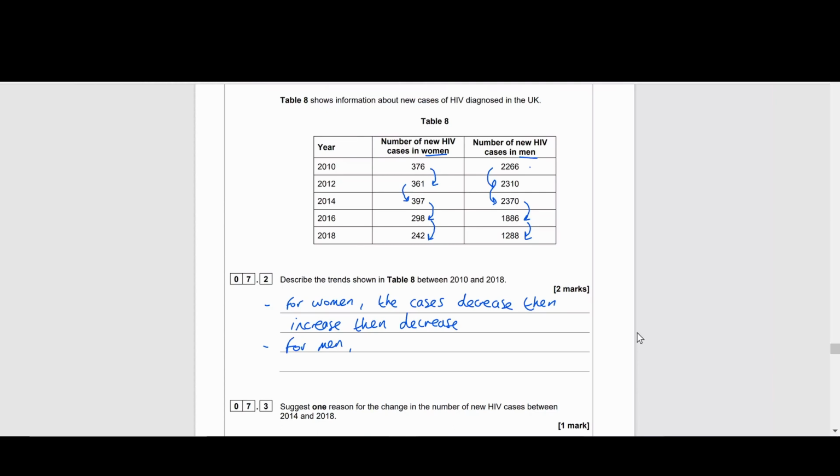For men, the cases increase, and then decrease.